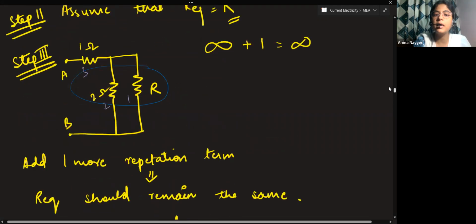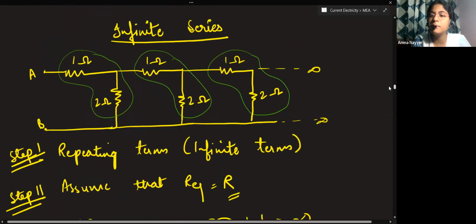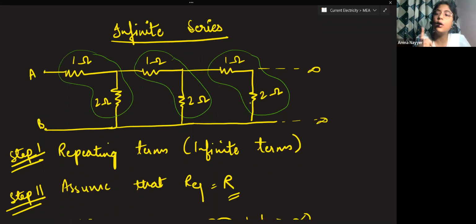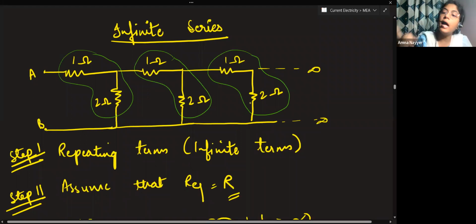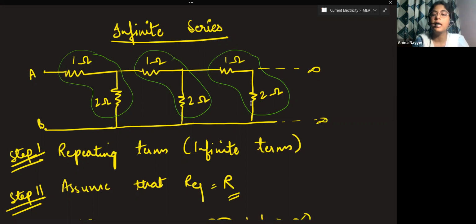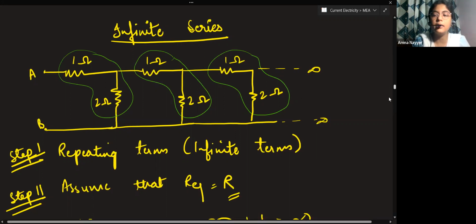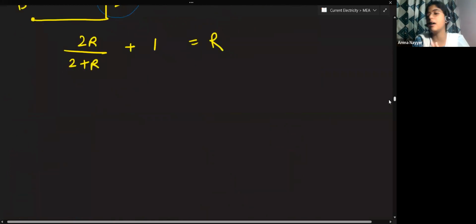Because capital R was our infinite series term. Even if I add one more term by myself, the answer doesn't change. That's why I can put R in the final answer after solving.